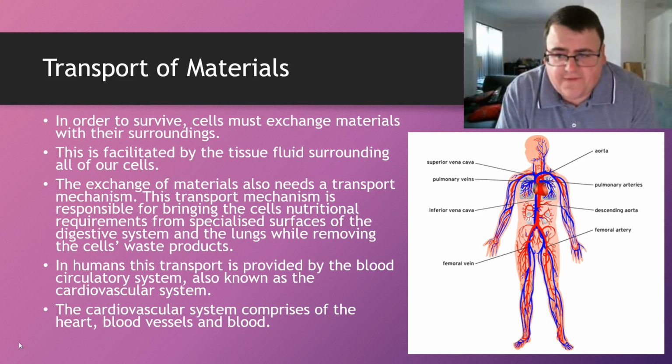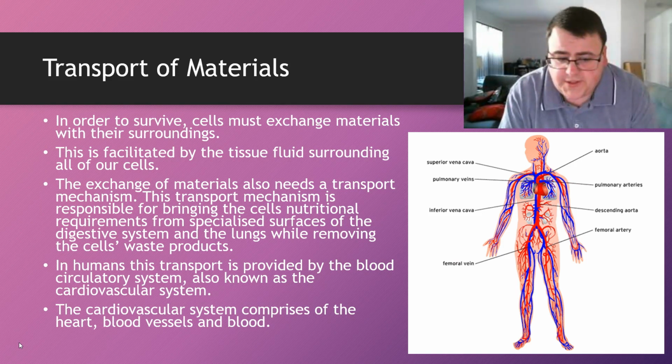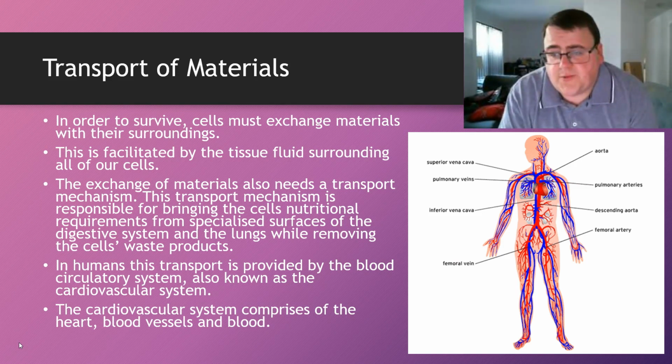Now, obviously, we can't have that fluid constantly giving nutrients to our cells and taking away the waste from our cells without somehow replacing the nutrients and removing the waste from it itself. So, that's what blood is for. So, humans have blood vessels and a circulatory system, and those blood vessels, mainly the capillaries, take away the waste from the extracellular fluid, and they give nutrients to replace the ones the extracellular fluid has lost.